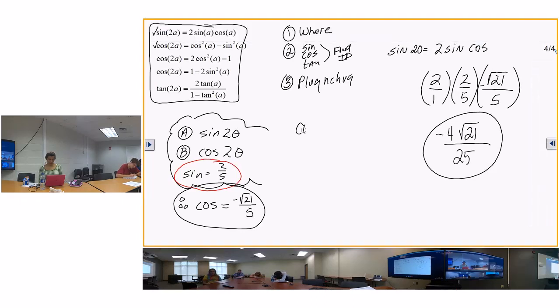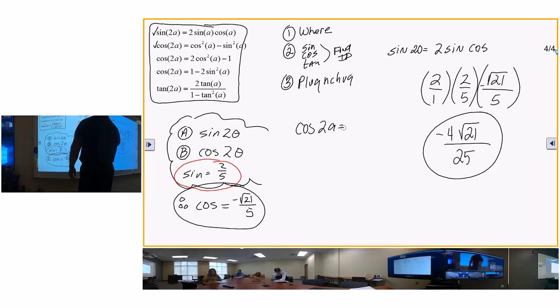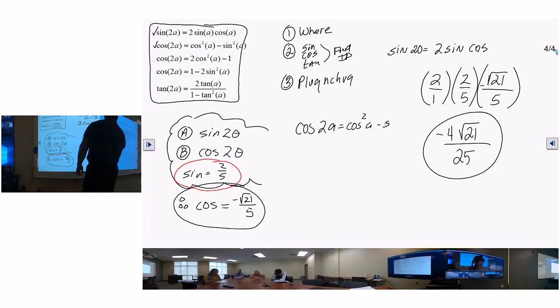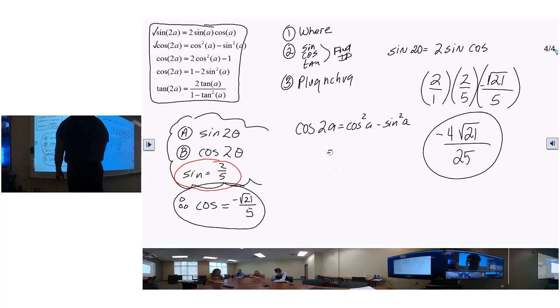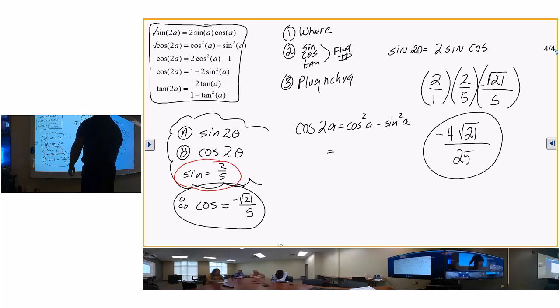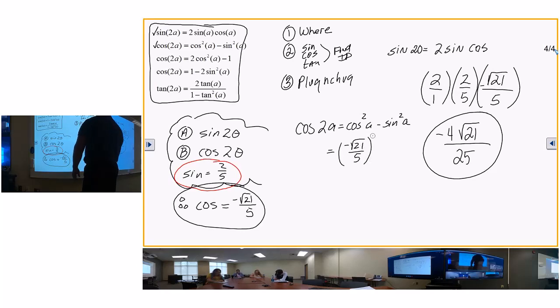The cosine of 2a is equal to cosine squared a minus sine squared a, which I'll go ahead and plug and chug. I'll plug for you. That's going to be negative square root of 21/5 squared minus what?